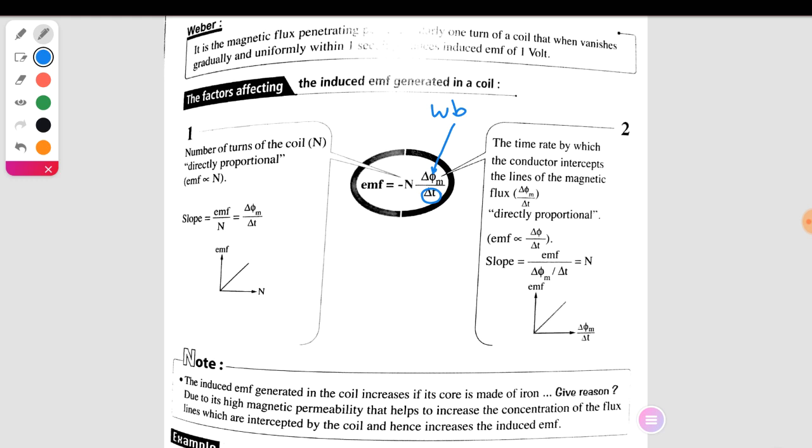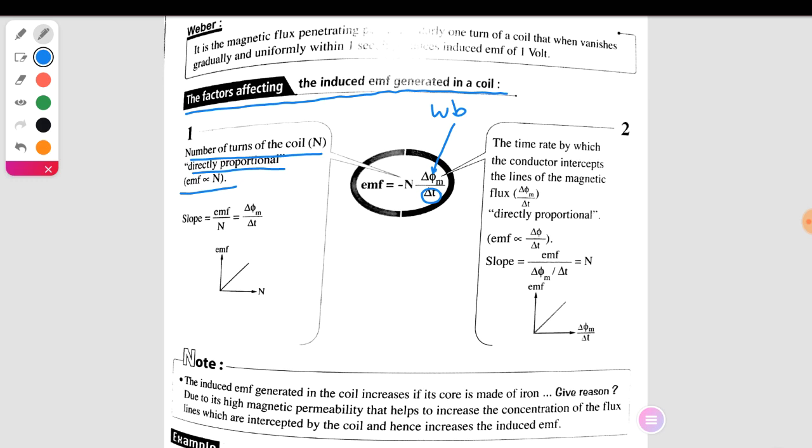What are the factors affecting the induced EMF generated in the coil? We can summarize these factors from the following rule: EMF induced equals minus N delta phi M over delta T. From the rule, we observe that the number of turns of the coil is the first factor, which is directly proportional to the induced EMF.